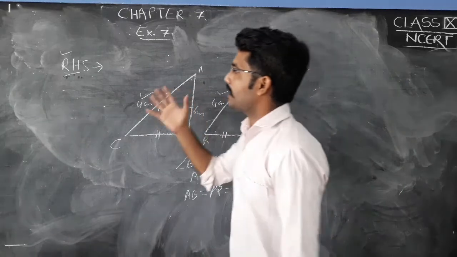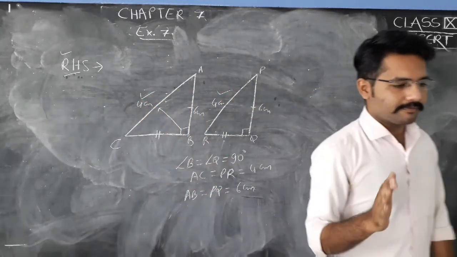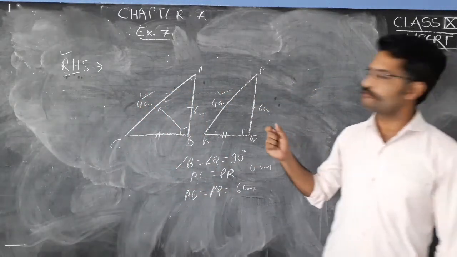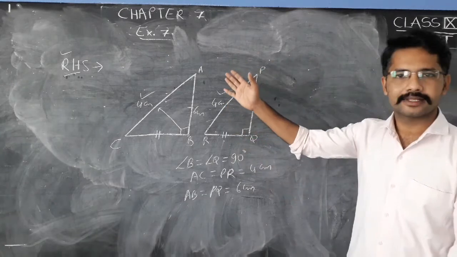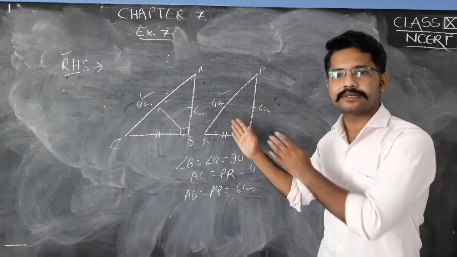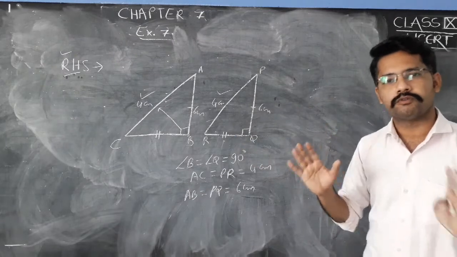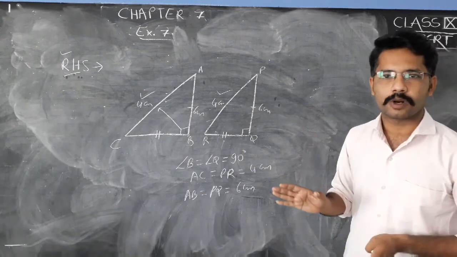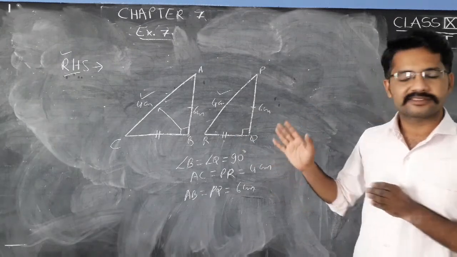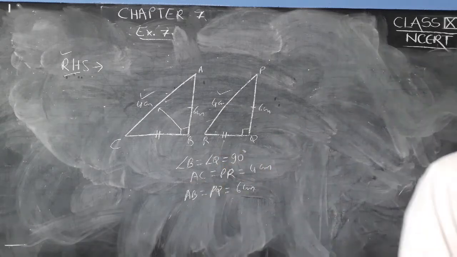You might be confused about all this. When we start the questions and the exercise, and when I use these properties, then we will come to know the exact meaning of each property. So please try to understand.